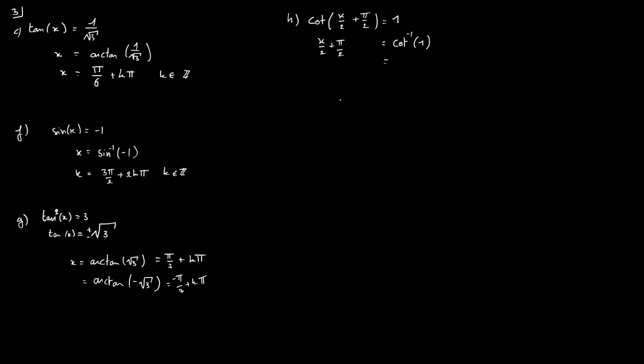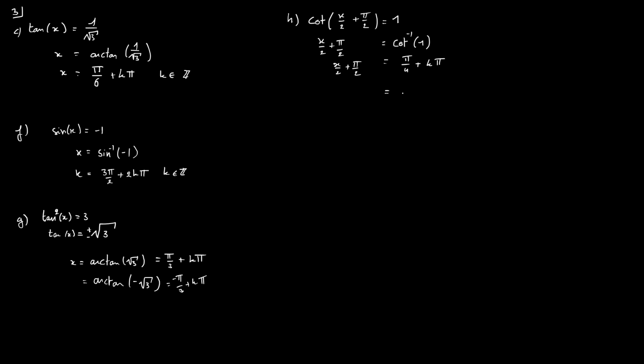So it's going to be pi over 4 plus its period, which is k pi. And now we find x over 2 plus pi over 2 is equal to pi over 4 plus k pi. But we're interested in finding x, so now we just need to do some algebra.